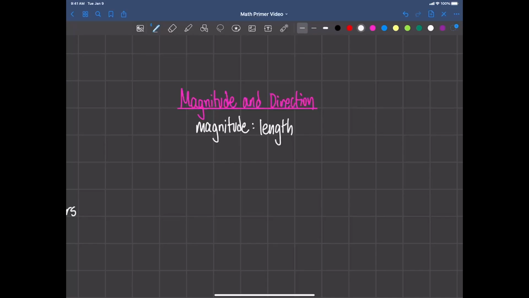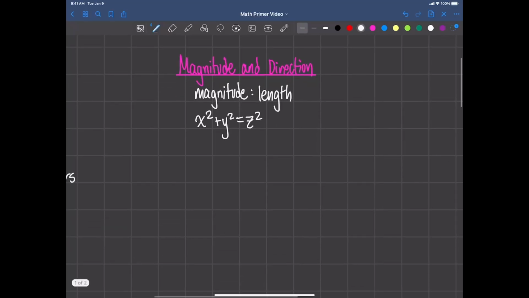To calculate magnitude, we use the Pythagorean theorem from geometry. It's just x squared plus y squared equals z squared. That is the Pythagorean theorem, where x would be one side of the triangle, y would be another side of the triangle, and z would be the hypotenuse. So to find the length of z, or to find the length of any of the sides, you would just use this formula.